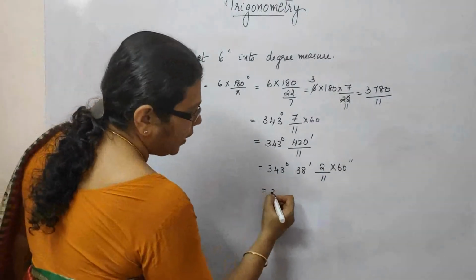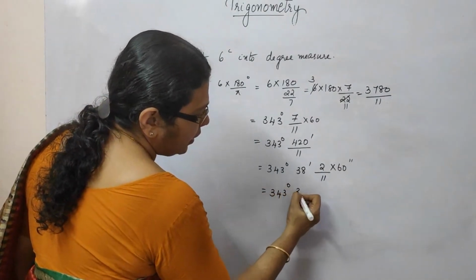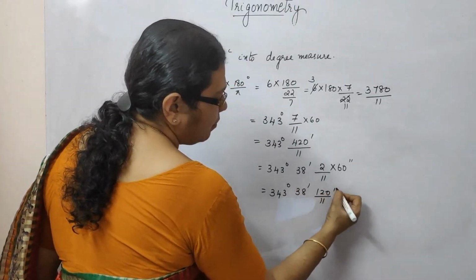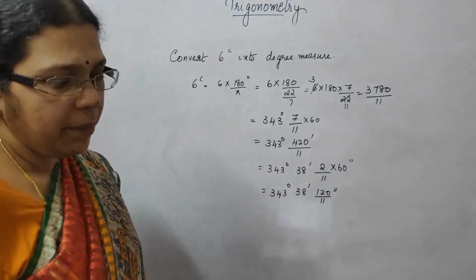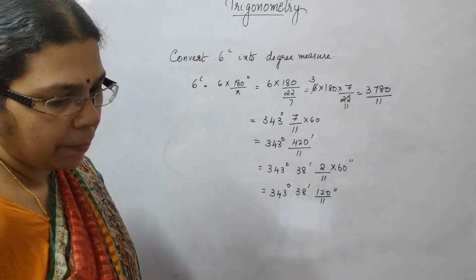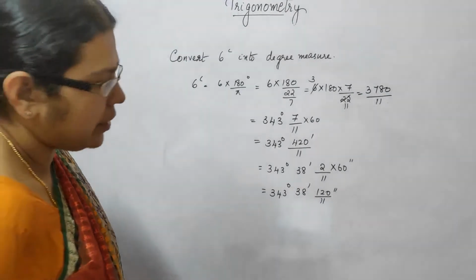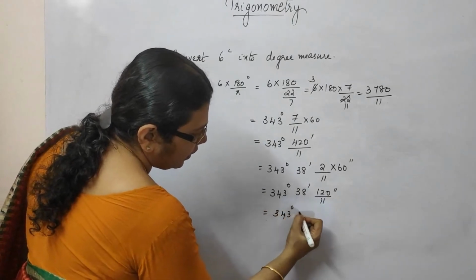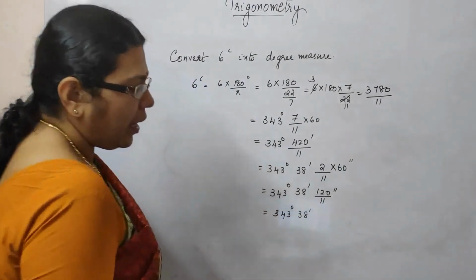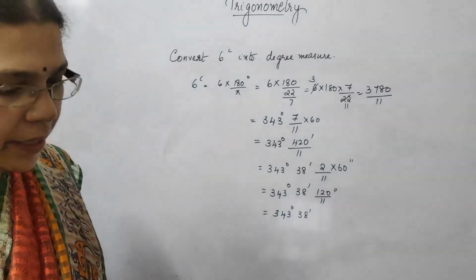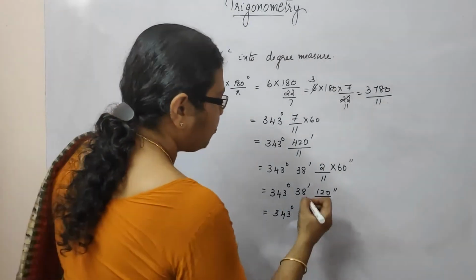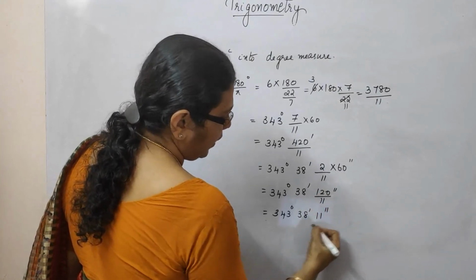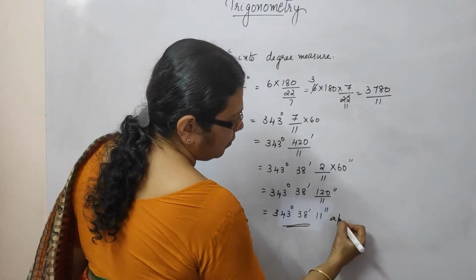So what do I get? 343 degree, 38 minutes and 120 by 11 seconds. I can write this as 343 degree, 38 minutes and 11 seconds approximately.